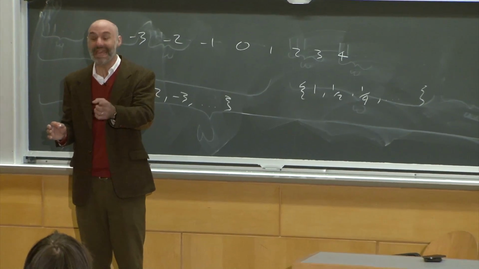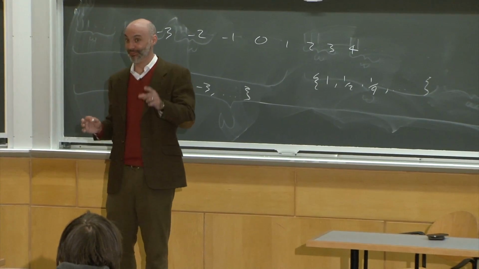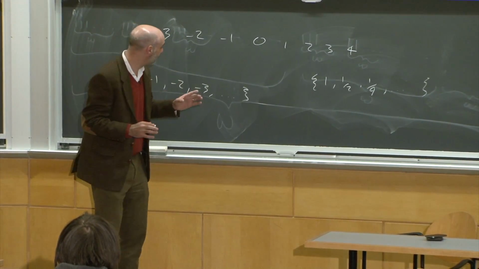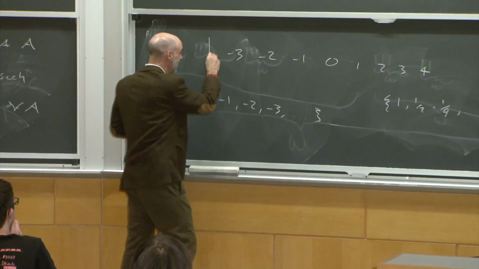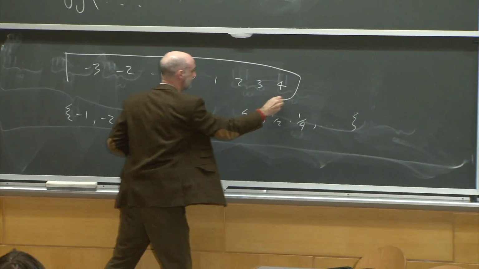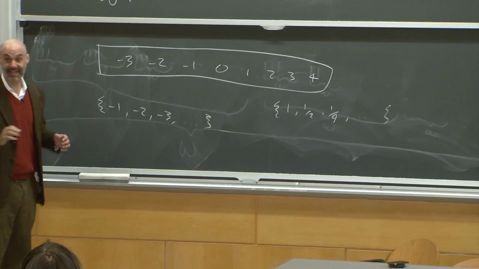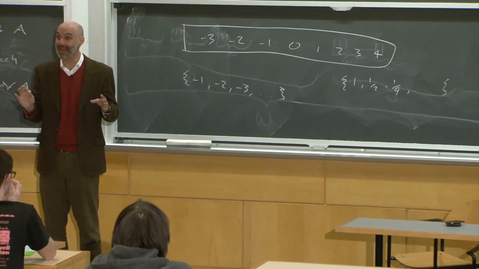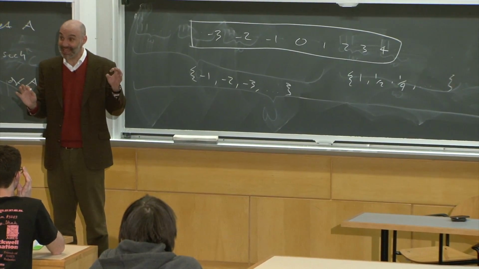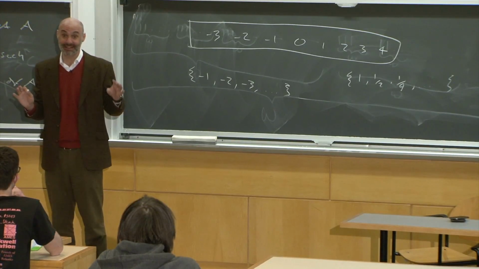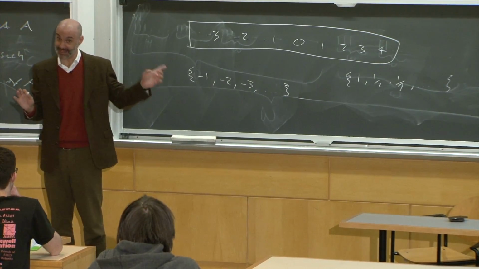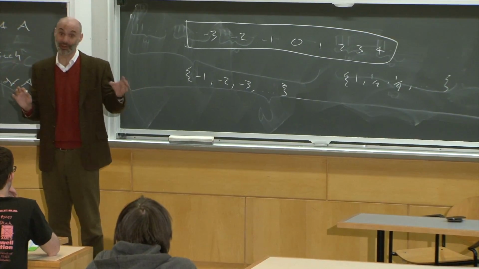Good. Now, can anyone do this? This is going to be useful. Can anyone take the integers, which we've seen are not well ordered, but define a weird non-standard ordering for that same set, which is a well ordering?